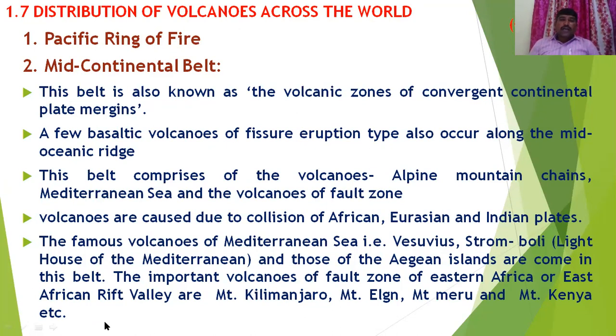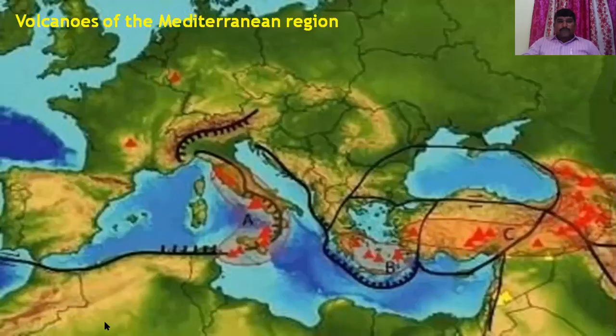Here the volcanoes are caused due to the collision of African, Eurasian and Indian plates. The famous volcanoes of the Mediterranean Sea are Vesuvius, Stromboli, which is also known as the lighthouse of the Mediterranean, and those of Aegean Highlands come in this belt.